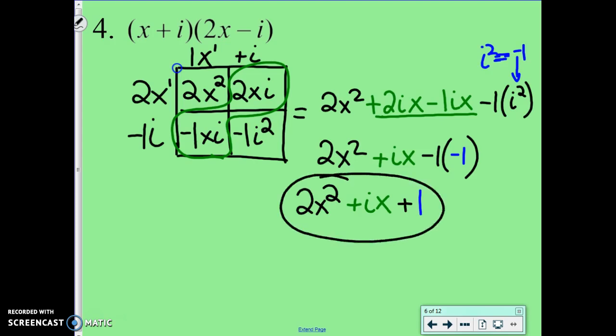So 2x squared plus ix plus 1. Okay? Again, all the steps have remained the same. We're not doing anything really different. We're just going through and doing what we've been doing.